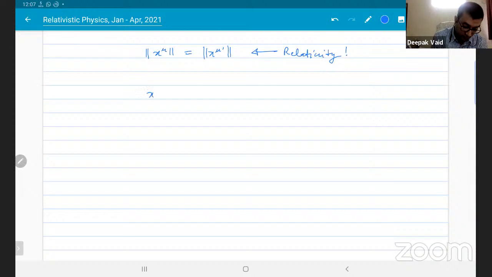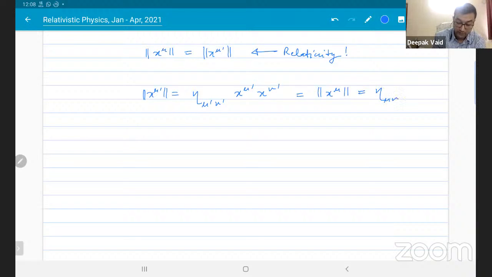Okay, so let me write down again this norm of x^mu prime: eta_{mu prime nu prime} x^mu prime x^nu prime. Now, my claim is that this is equal to the norm of x^mu, which is equal to eta_{mu nu} x^mu x^nu.